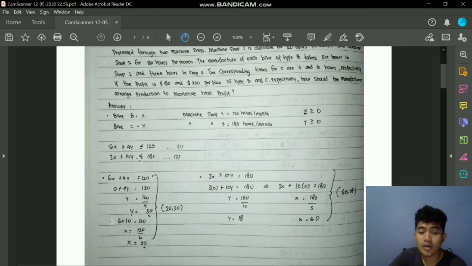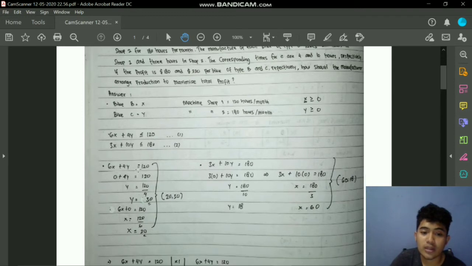So we must suppose, we change x to 0 and y to 0, so we can get this: y is 30 and x is 20.